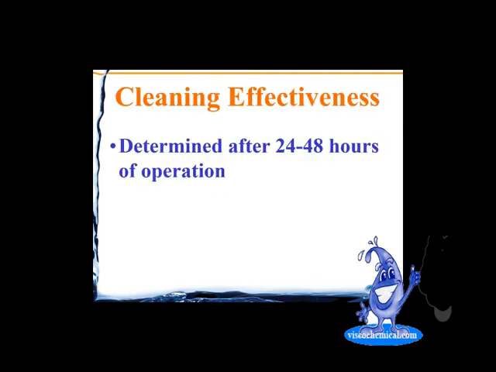In measuring the cleaning effectiveness, you're not going to really know how effective you've been for at least 24 to 48 hours. So even though you look at your cleaning tank and it's nasty, it's got all this material, and you say, whoa, we really cleaned the heck out of this RO membrane.